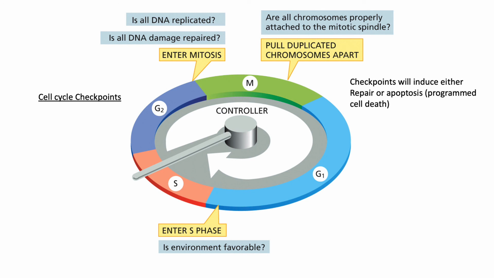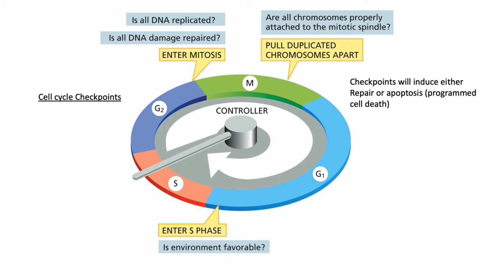Or is the damage repaired? If the damage again is not repaired, then again we don't want to enter mitosis and generate cells with damaged DNA. So again, it will stop the cell division, and generally what happens in this case is apoptosis. Cells will basically be killed.